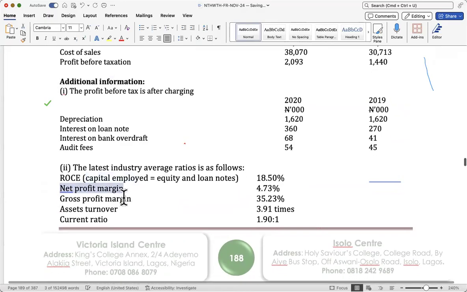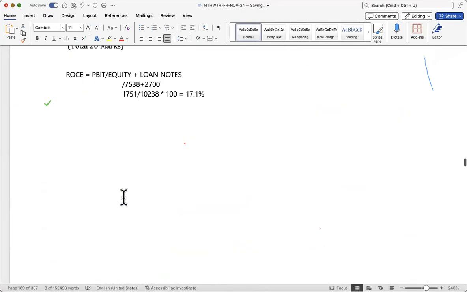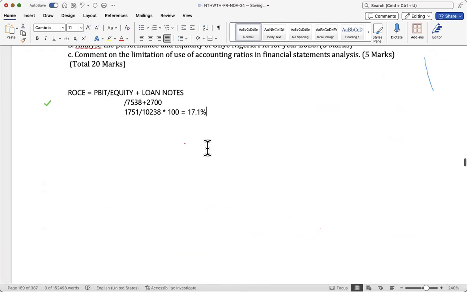ICAN used to do this in the past, but now they have changed. They always tell us which net profit exactly. When they fail to tell us, we usually use net profit over sales as our net profit margin, and we define net profit as PBIT.